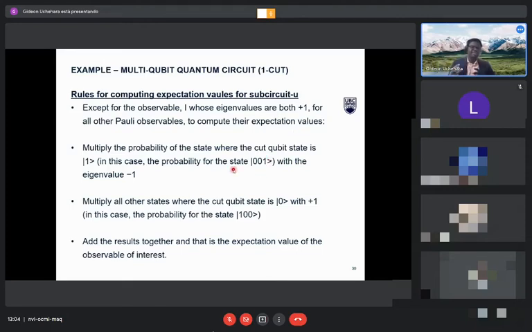So if I measured the cut qubit with the Pauli X observable, I know that it has two eigenvalues, the +1 and the -1. I know that it is +1 if the state of the cut qubit is in the 0 state, and -1 if the state is in the 1 state.